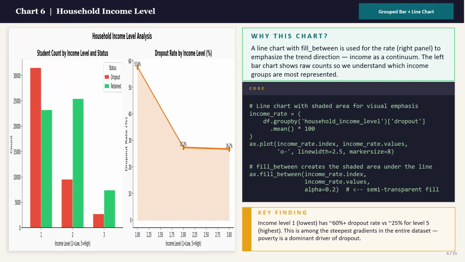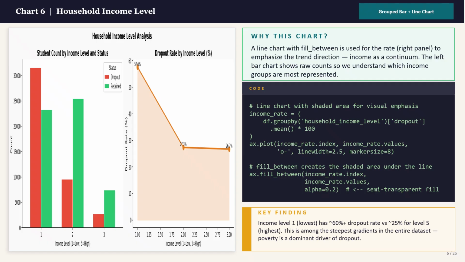The left bar chart shows row counts so we understand which income groups are represented. So we have the code again, the line chart with the shaded area for visual emphasis. So we're grouping them by household income, and then we get the dropouts, and then we add the mean times 100.